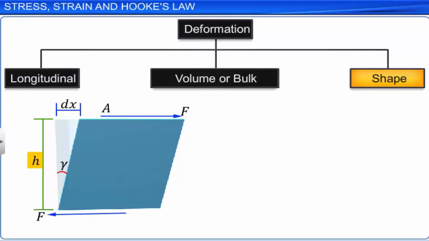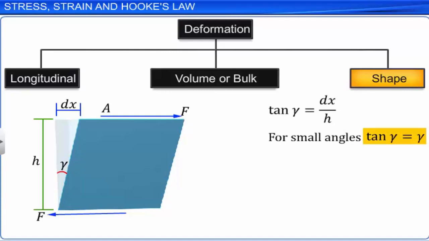Thus, we have stress is equal to K into strain, where K is the constant of proportionality called elastic modulus of the material. If on increasing the stress, the strain is increased beyond a certain value, the proportionality between stress and strain is lost.